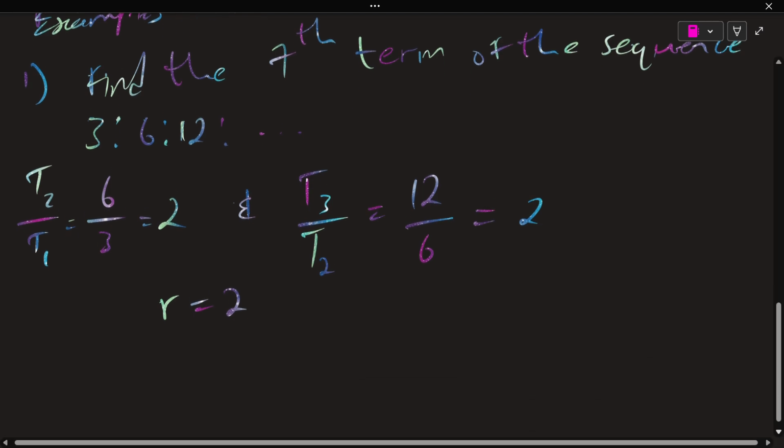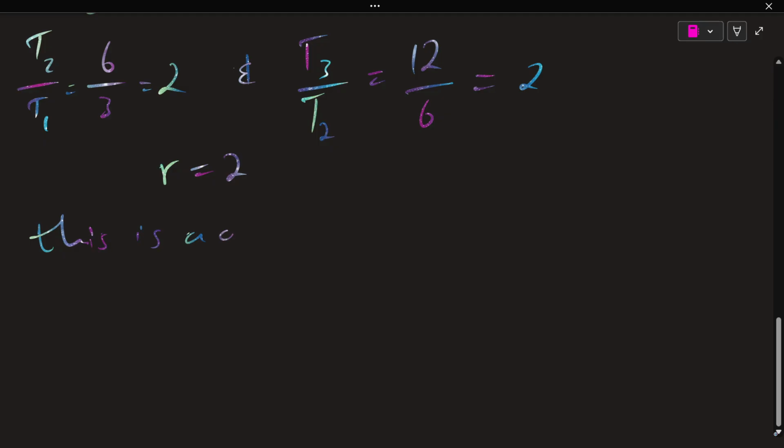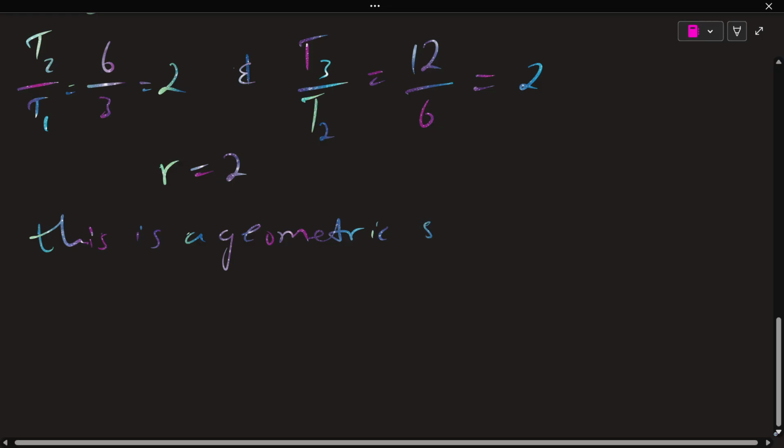Since our ratio equals 2, now we can say that this is a geometric sequence, just because we have a common ratio of 2.